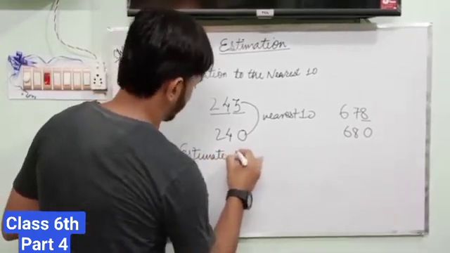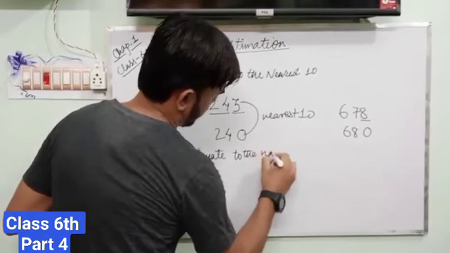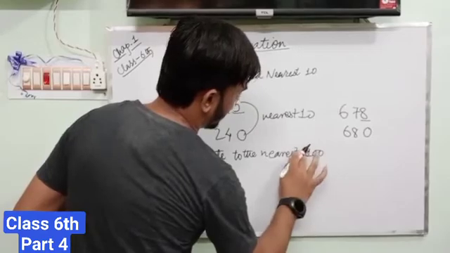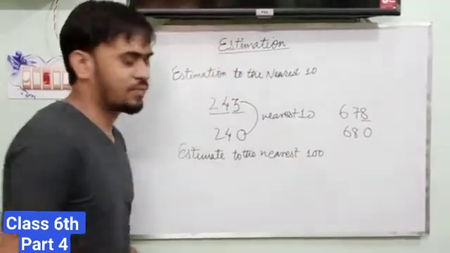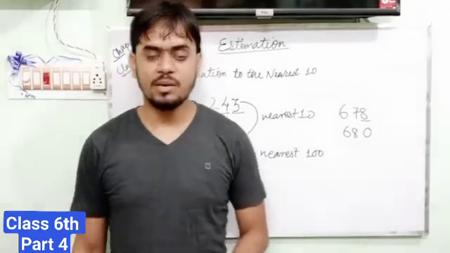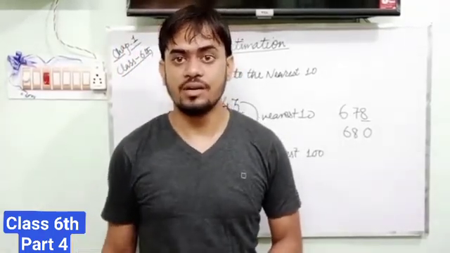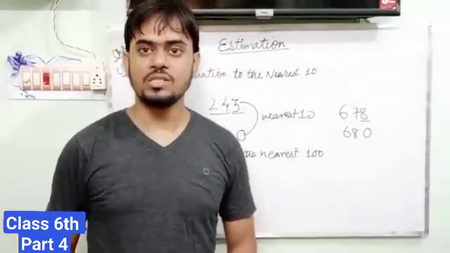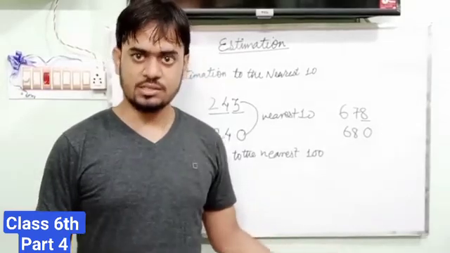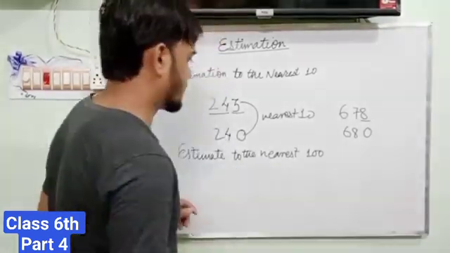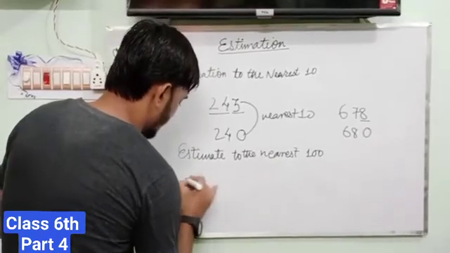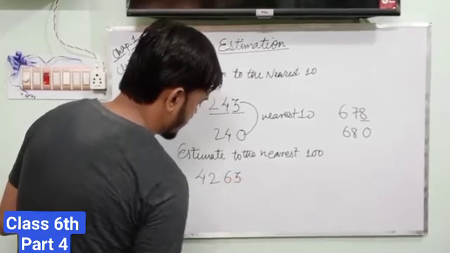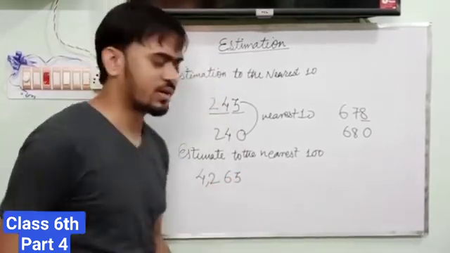Your step 1 is: in the given number, examine the digit at the tens place. In estimating to the nearest 10 you examine the ones place, but in the nearest 100 you examine the tens place. Next, an example: 4263. You have the number 4263.